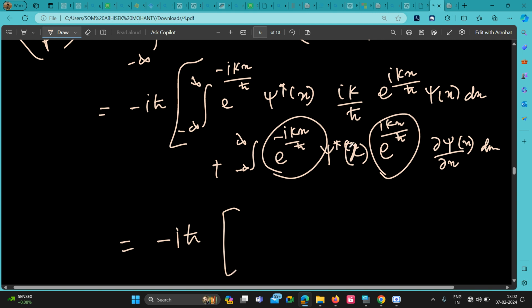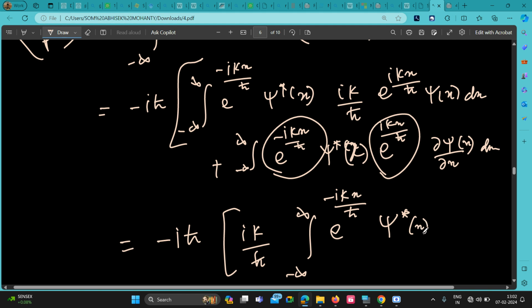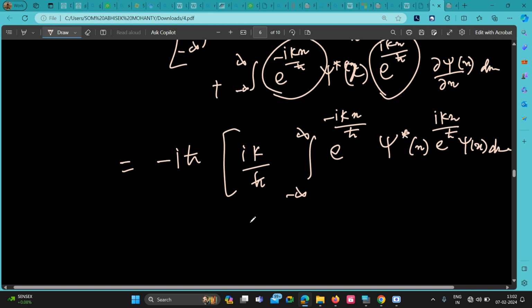So this will become, and this one I can take ik by h cut out, and again minus infinity to infinity psi star x into e to the power ikx by h cut psi x dx, plus minus infinity to infinity here.